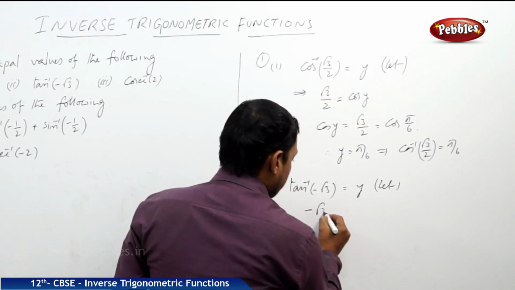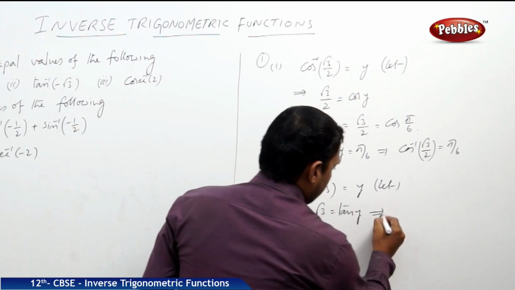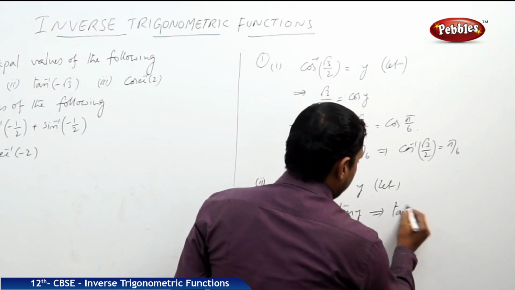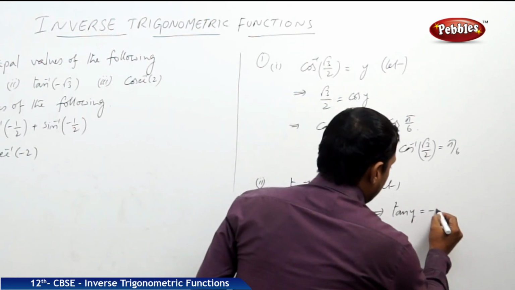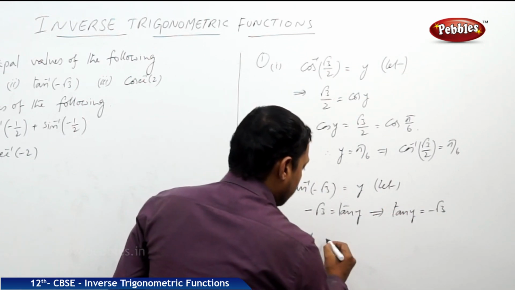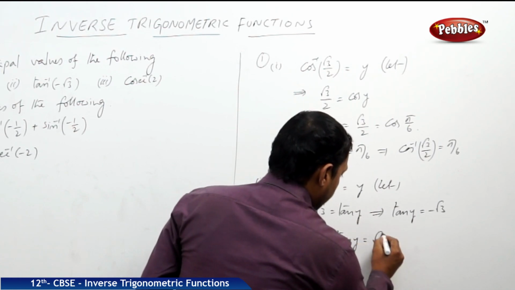Then minus root 3 is equal to tan y. Therefore, tan y is equal to minus root 3, or, multiplying by minus on both sides, minus tan y is equal to root 3.